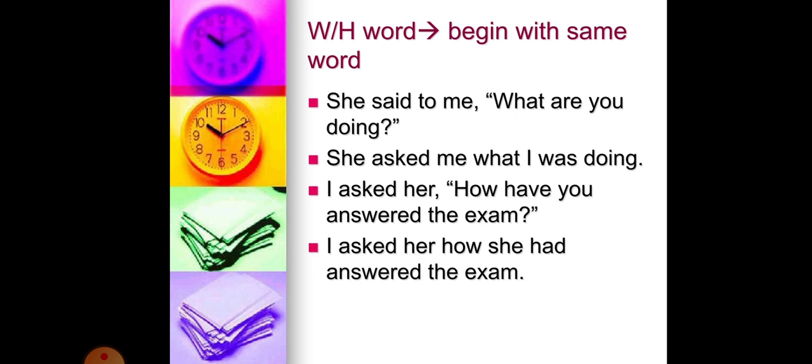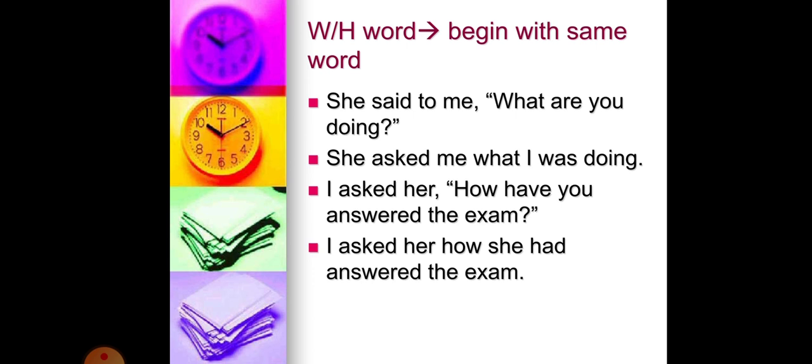You will not be using if or whether. As you look at the sentence, she said to me, what are you doing? She asked me what I was doing. Now here, for joining the reporting verb and speech, I have not used if or whether. I have joined it without "that", meaning the sentence will begin just after the reporting verb. She asked me what I was doing.